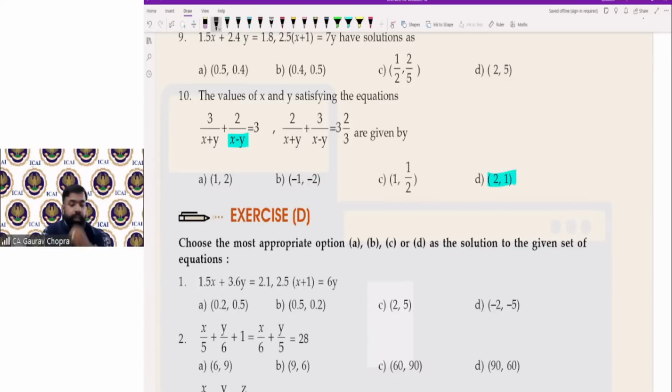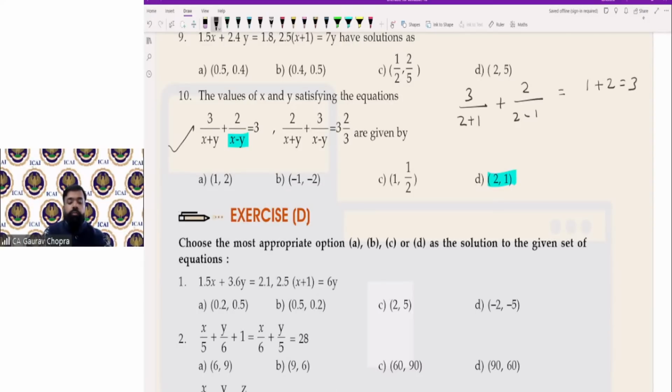Option number D को पहले try करते हैं. So 3 upon 2 plus 1 and 2 upon 2 minus 1. So what are you getting? 1 plus 2, that is 3. So this first equation is verified. Now you can check with the second equation also.